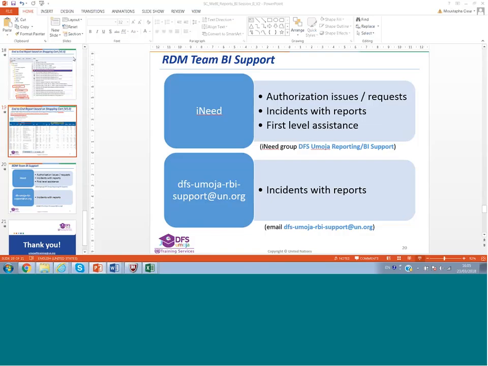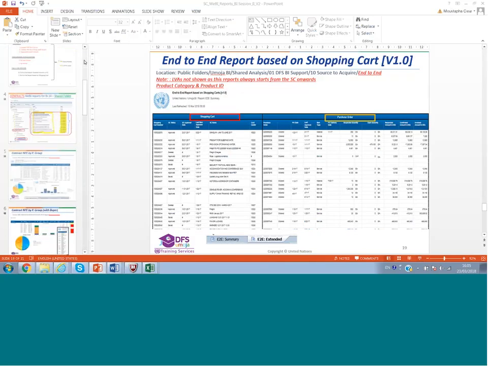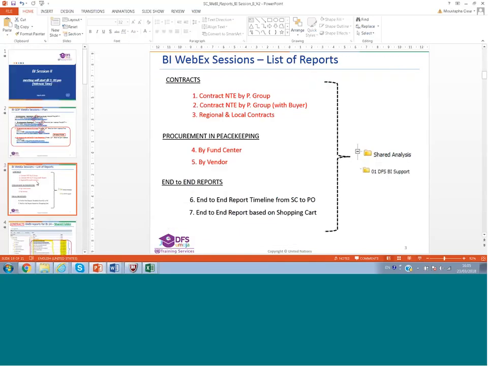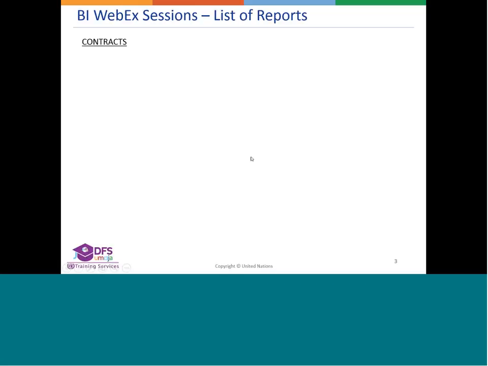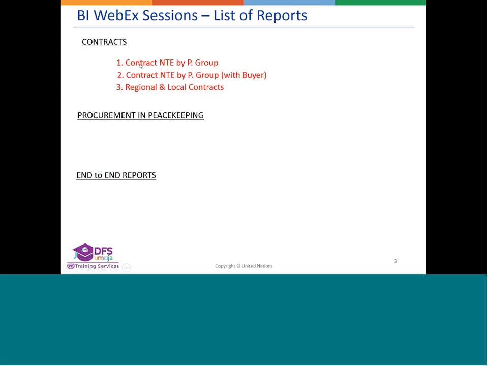So then we go back to the original plan and check this one as covered as well. So remember what we did before we finalized the session. We saw 3 reports for contracts.